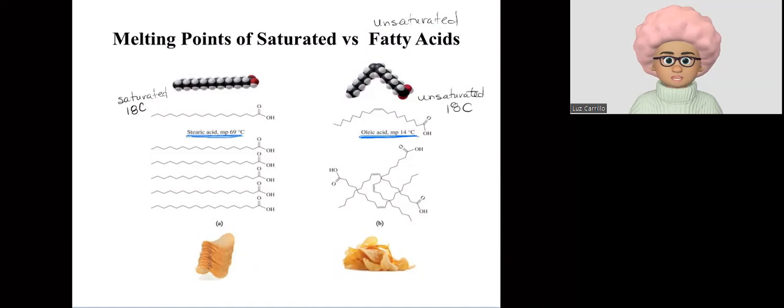We can observe that unsaturated fatty acids have a lower melting point compared to saturated. But why is that? Well, we can explain it by understanding attractive forces. When we look at these two molecules, both are going to have dispersion forces as their strongest attractive force.